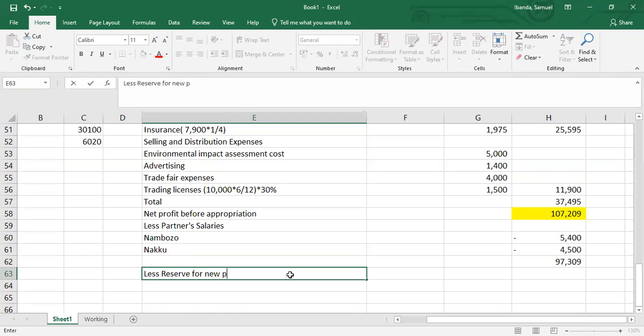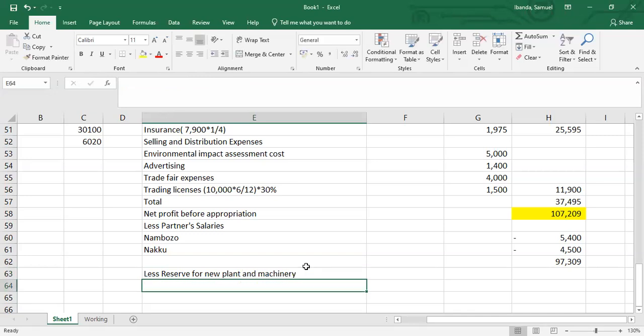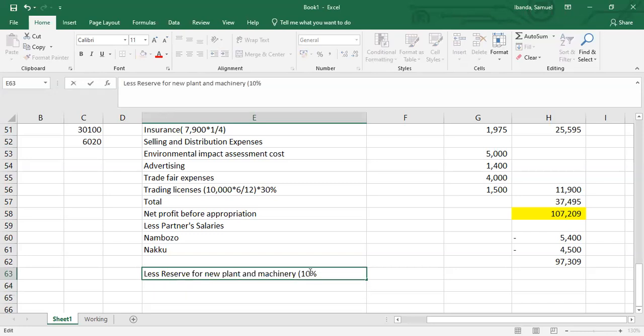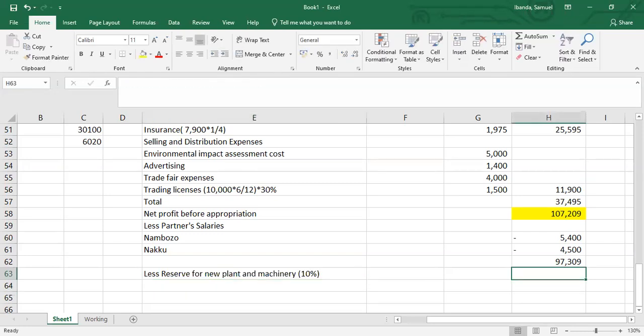Okay, so they're telling us that this should be 10%. So you just get this 97 and multiply it by 10%. Allow me just multiply it to determine the 9730. Okay, that is what I'm able to get.